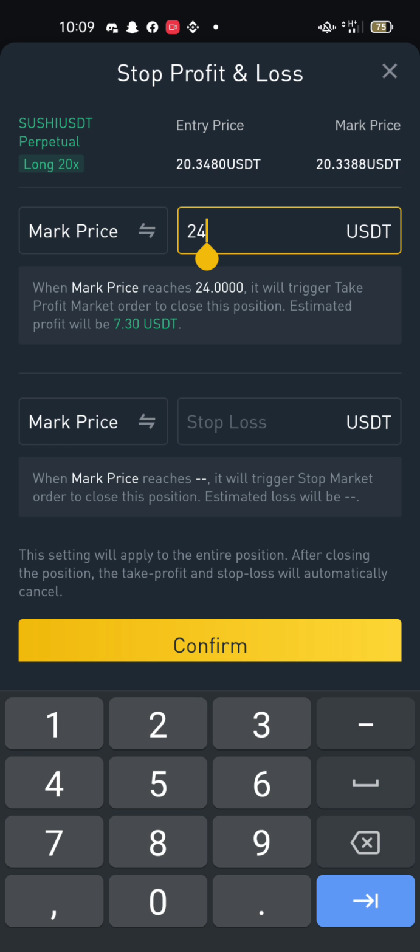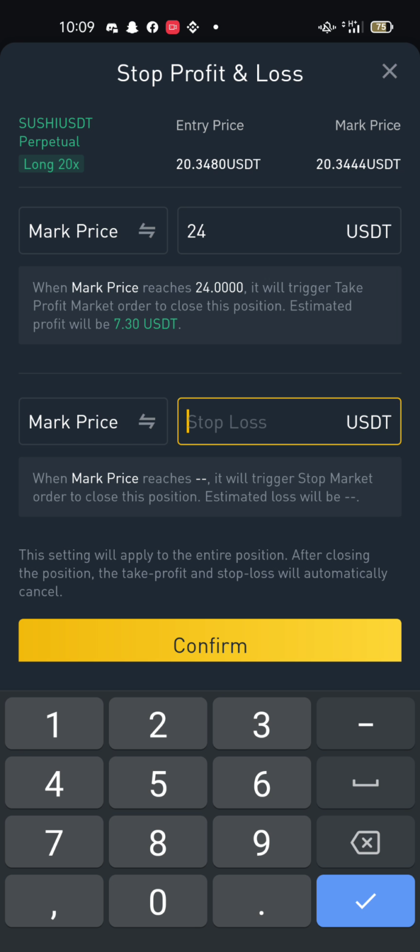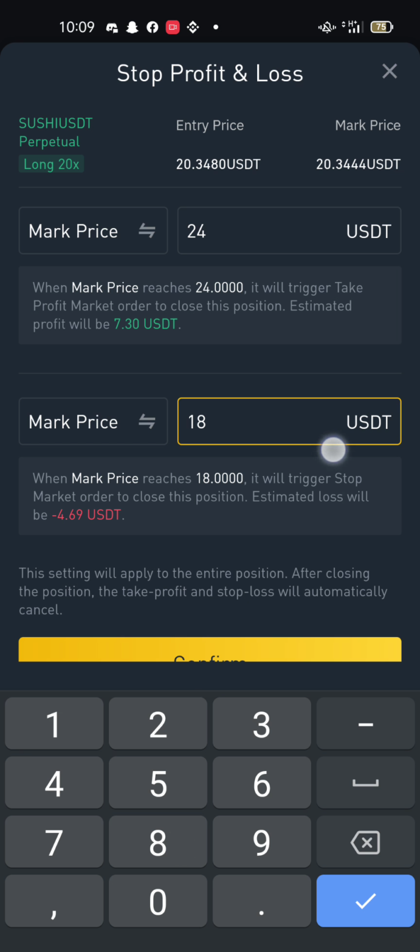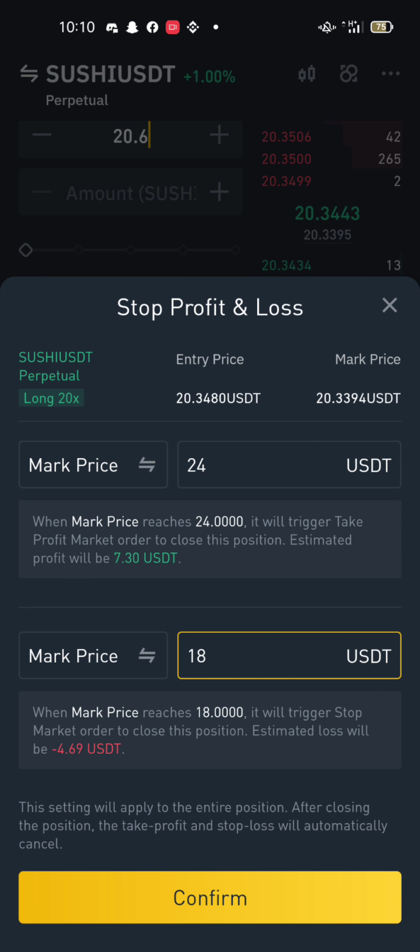All of your Sushi coins will be sold at that particular point when the price of Sushi reaches $24. You can also put the stop loss here, for example $18. Your trade will be closed at $4.69, but it will be closed as a whole. All of your Sushi coins will be sold and your position will be closed overall.